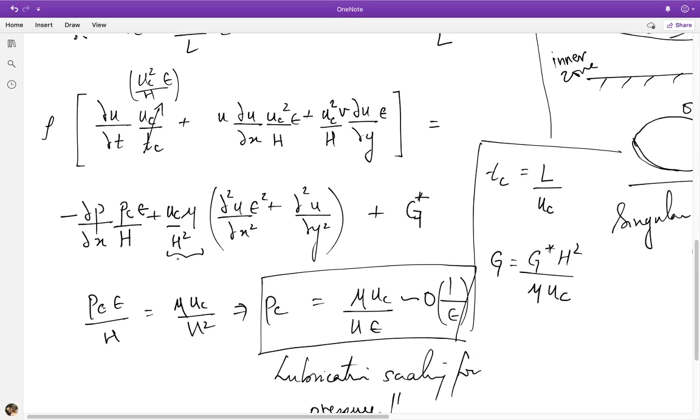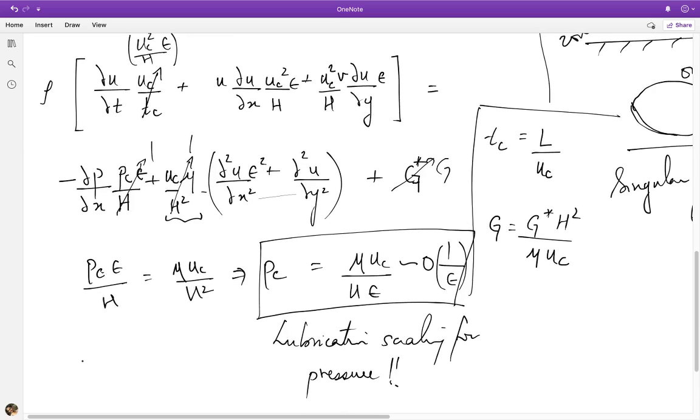our equations, right? So remember, I multiplied throughout by this factor, mu uc by h squared, so this will just be 1 here. G star will get replaced by G. This term will again go to 1 because of my choice of the characteristic pressure. And then this term has to get multiplied by this factor to give me what you will see here is just a Reynolds number, right?